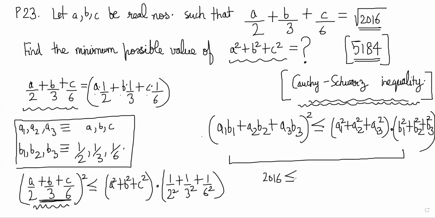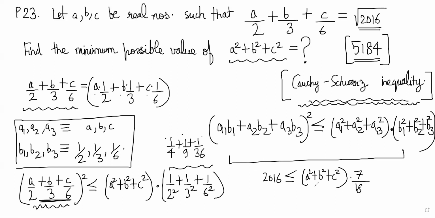So we get 2016 is less than or equal to A square plus B square plus C square times this calculation, which is 1 by 4 plus 1 by 9 plus 1 by 36. So that will be 9 plus 4, 13 plus 1, 14 by 36. So that is actually equal to 7 by 18. Right?